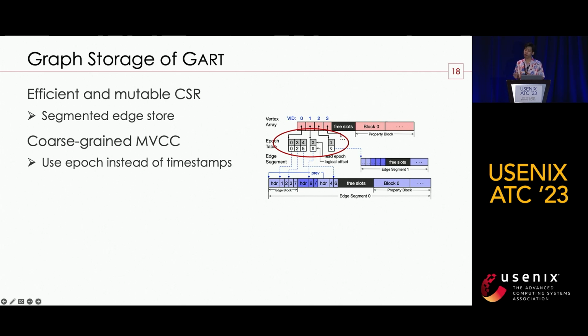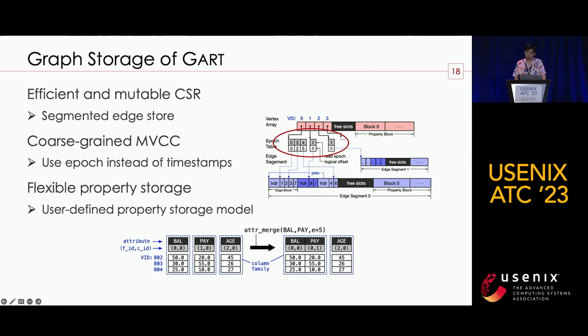This allows for efficient management of the data versioning while ensuring high data freshness. Finally, we also offer a flexible property storage model that allows users to define the property storage based on their specific access patterns. Overall, these storage optimizations have been instrumental in boosting the performance of GAT under the HTGAP scenarios.